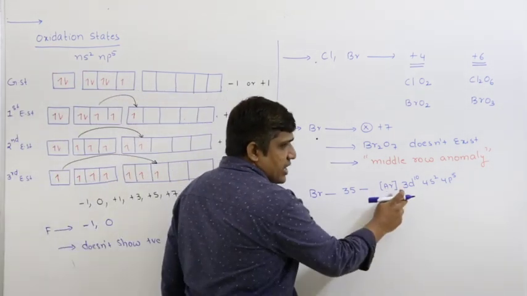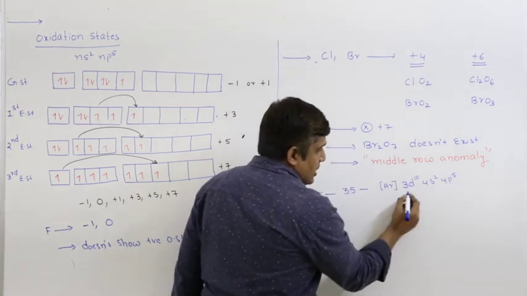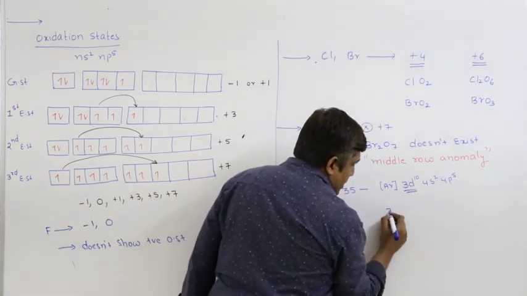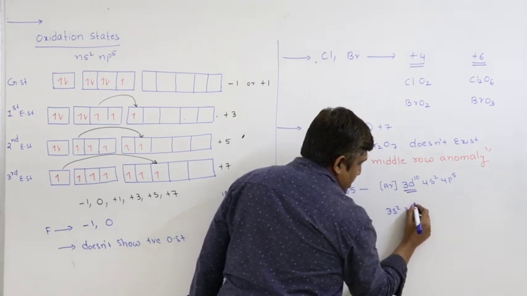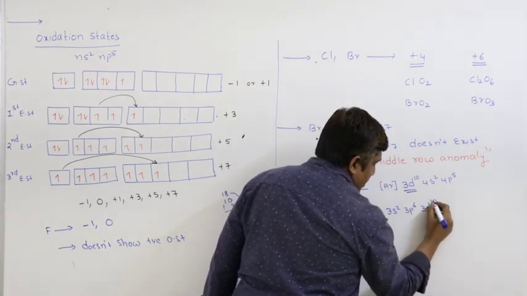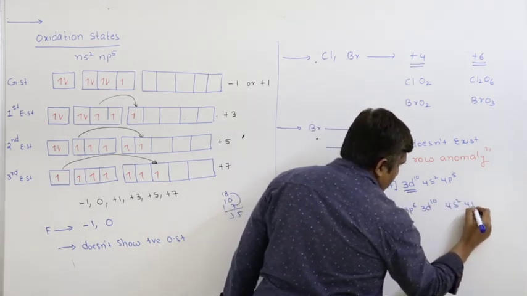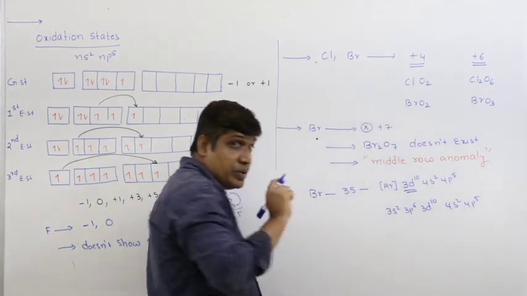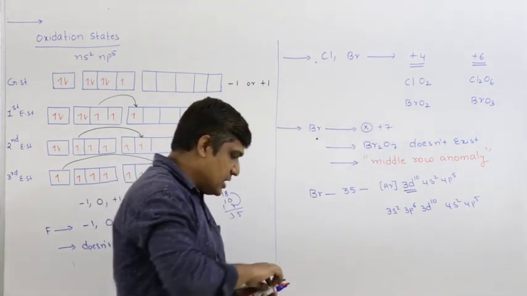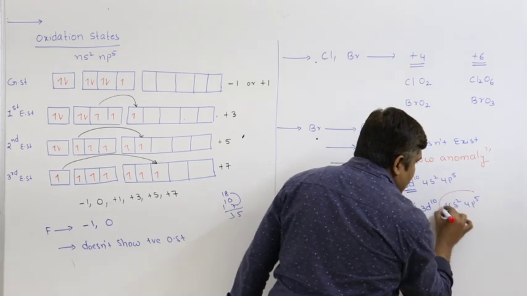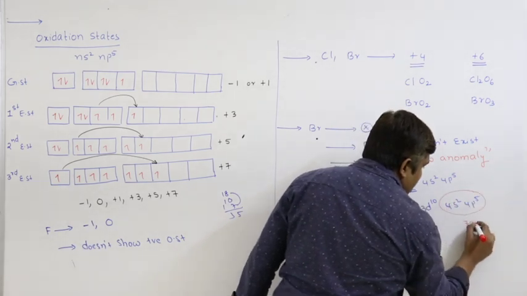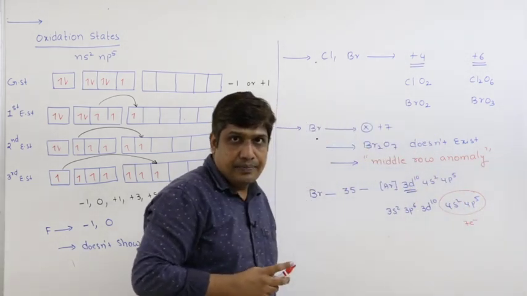So here if I write the electronic configuration, you can see this 3d orbital: 3s2, 3p6, 3d10, 4s2, 4p5. When bromine shows +7 oxidation state, the 7 valence electrons participate in bonding.